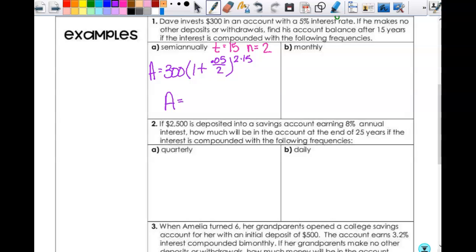Type it in the calculator. Get 629.27. Don't just write down my numbers. Make sure you're pushing the buttons too so that we know that you're getting it out right.